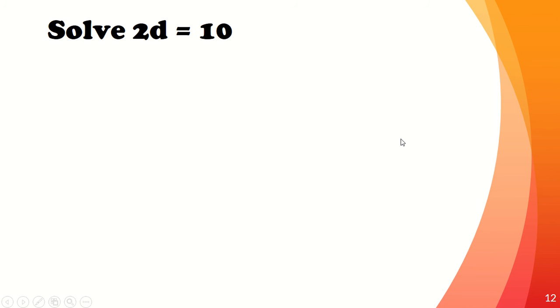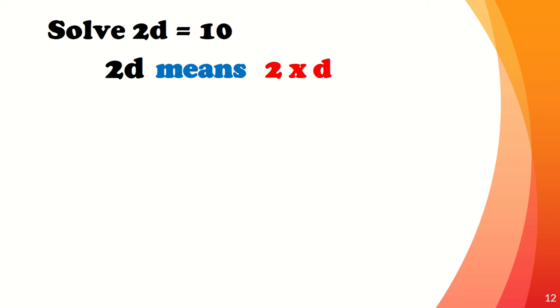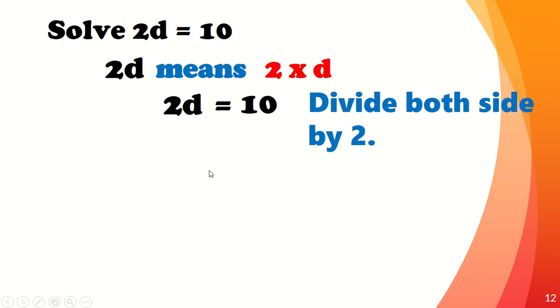Let's have another example. Solve 2D equals 10. 2D means 2 times D. So when you have a number and letters that is side by side, it means multiplication. Kung dalawang letter ito, for example, AD, it means A times D. Okay. So, we have this equation. So, if this means multiplication, divide both sides by 2.